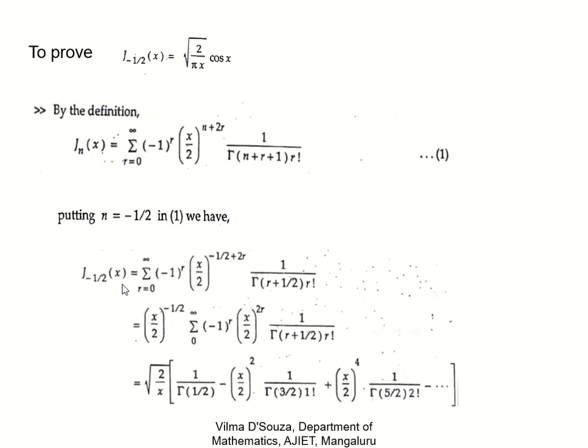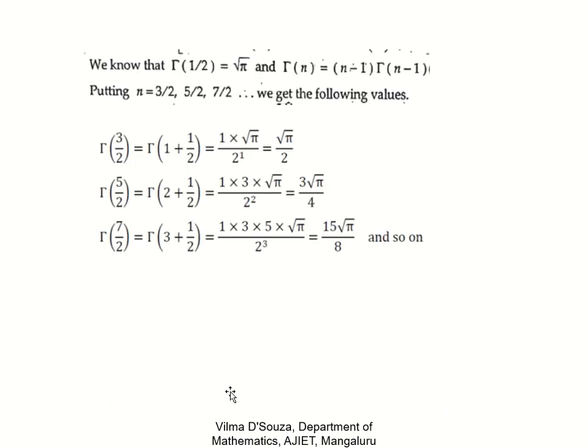In this you put n equal to minus half, wherever you have n. In the last derivation you have taken x by 2 to the power half outside. Here it is x by 2 to the power minus half. The remaining terms you expand and write as it is.